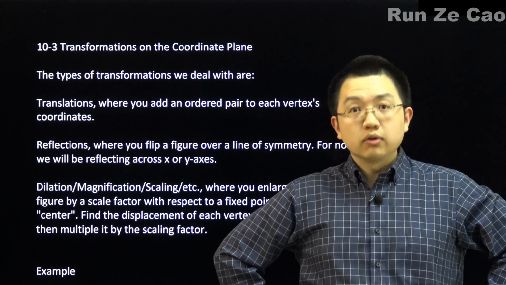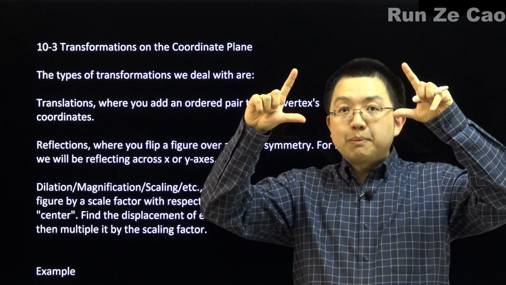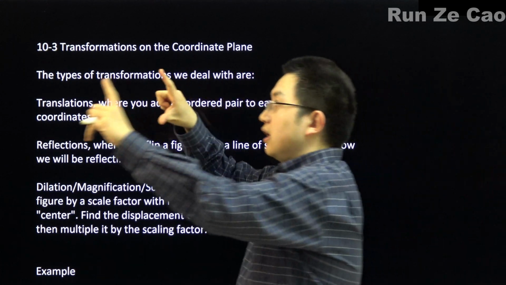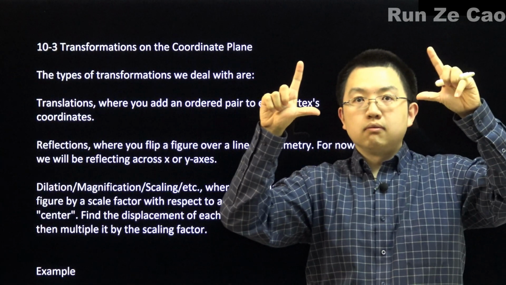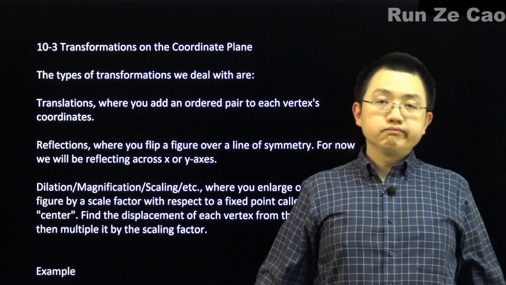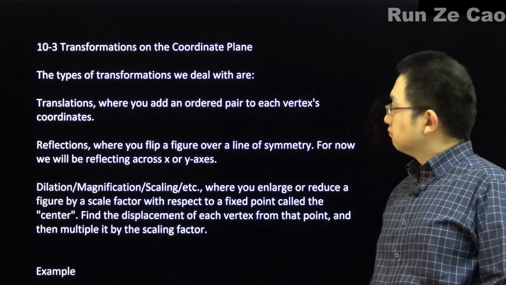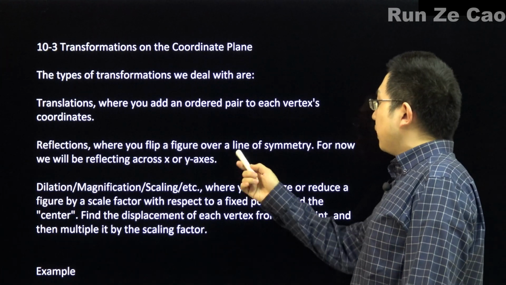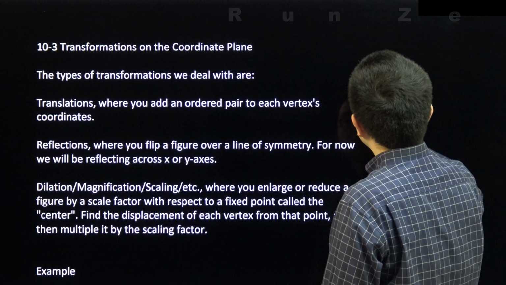We also deal with reflections, where we take the shape and flip it across an axis or the other axis. Okay. How do we do this? Well, if we're flipping across the x-axis, what happens?